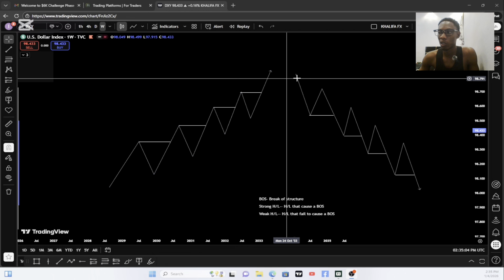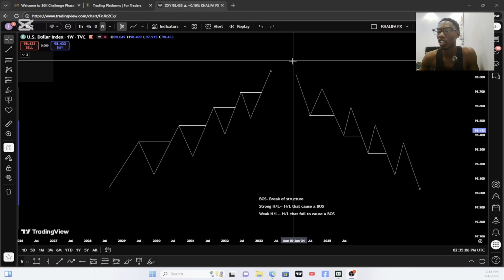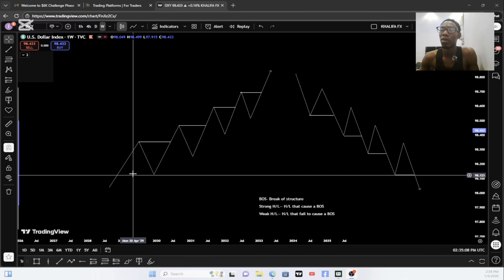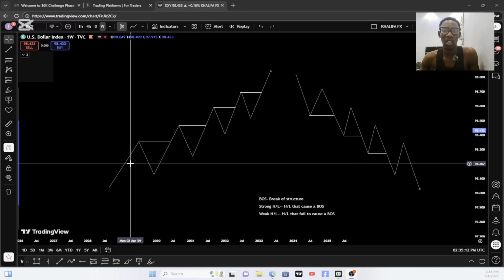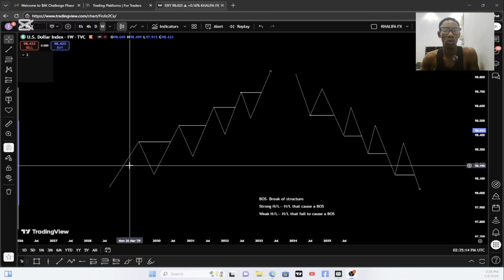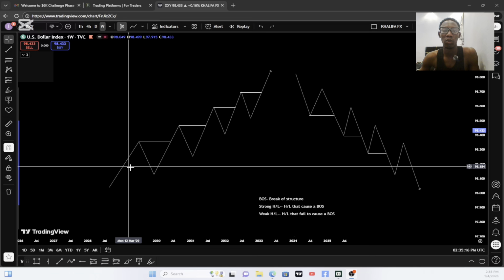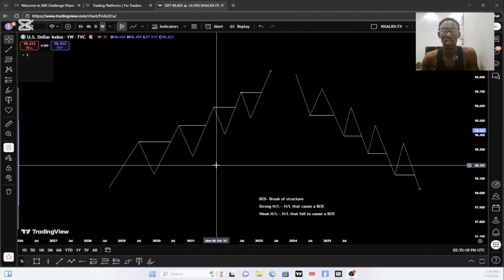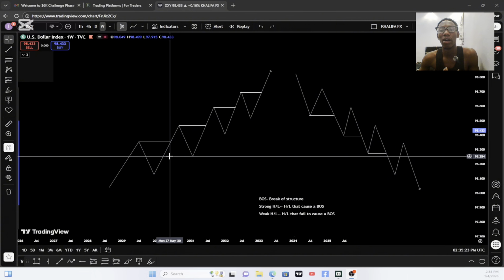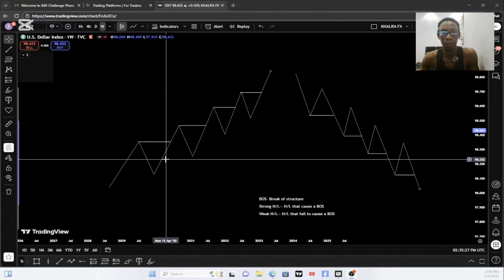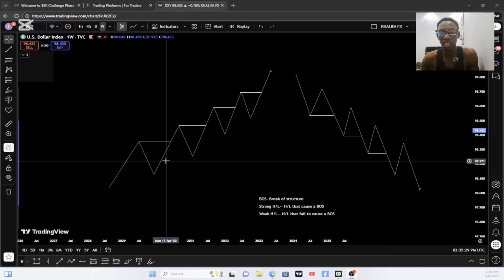The basic stuff: we have basic market structure. We have two types of market structure. Actually, it's three, but we are only going to talk about two because those are the ones we are trading and the most important ones. We have bullish market structure and bearish market structure, uptrend and downtrend respectively.